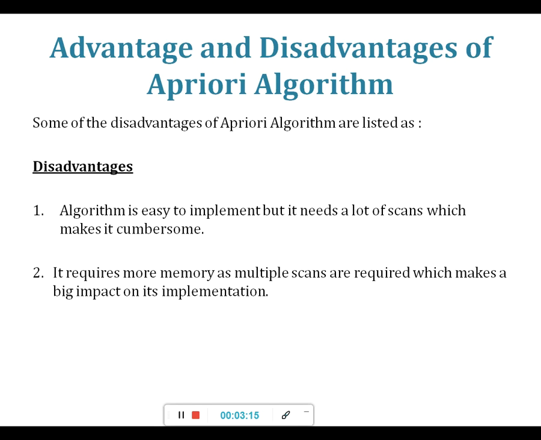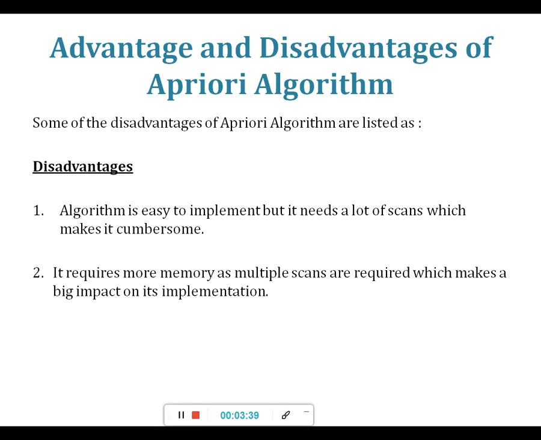If our item set is too large and has a larger number of subsets, then we need to check that each and every subset is frequent or not. If any one of the subsets is not frequent, then that item set is not frequent, and this task takes a lot of scans.